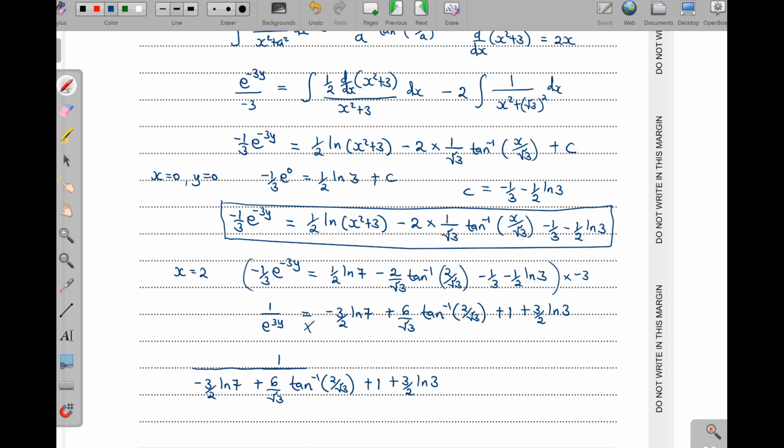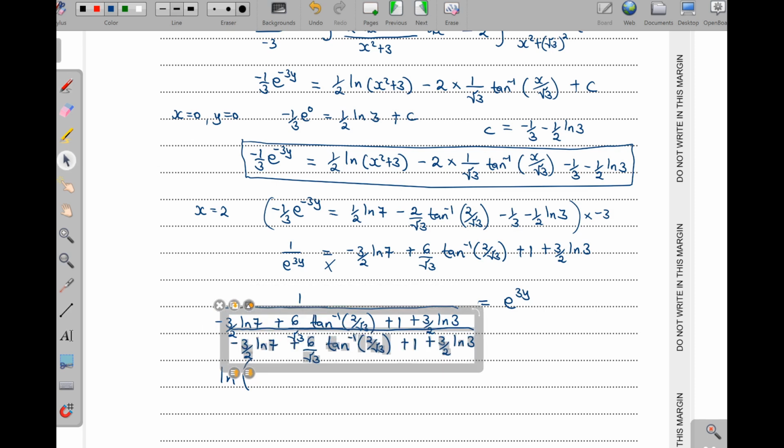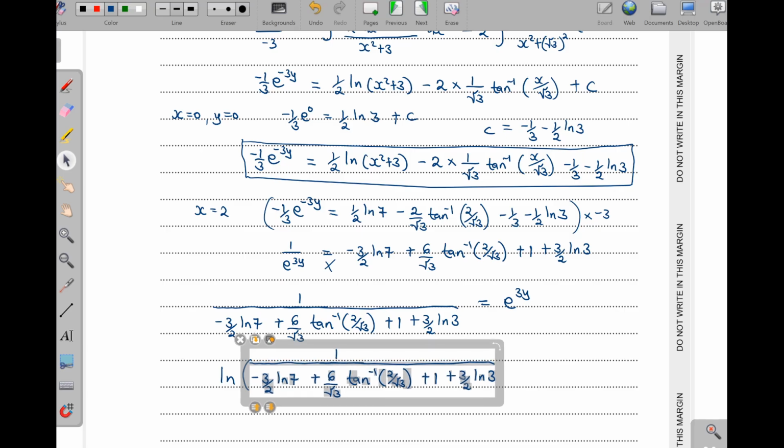So we shall have this one here, then is equal to e power 3y. Then we introduce natural logs on both sides to undo this one. The exponential, we use natural log. So natural log of whatever we have here. You see that?